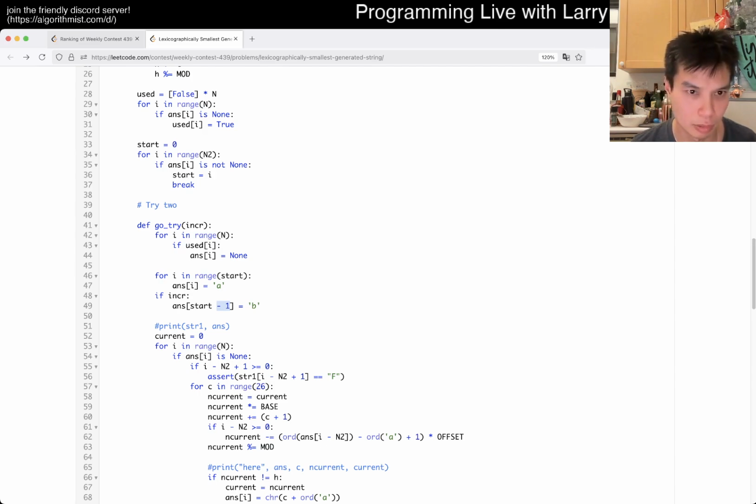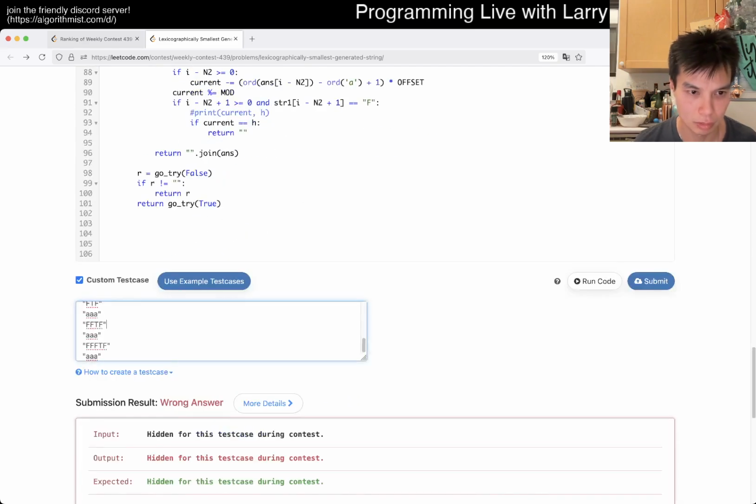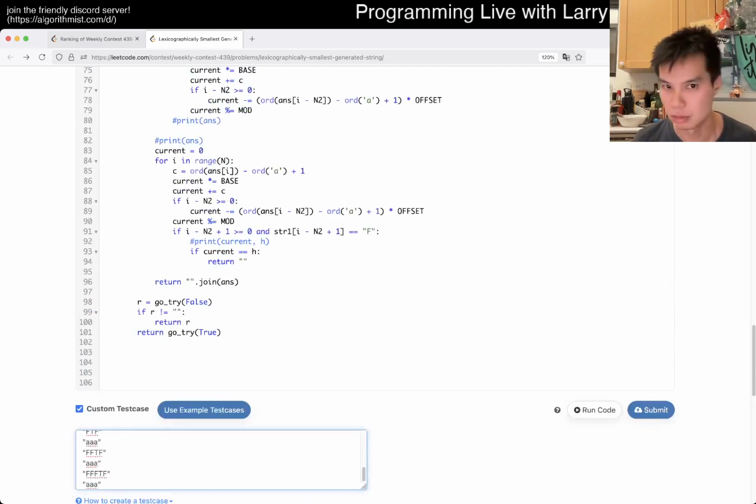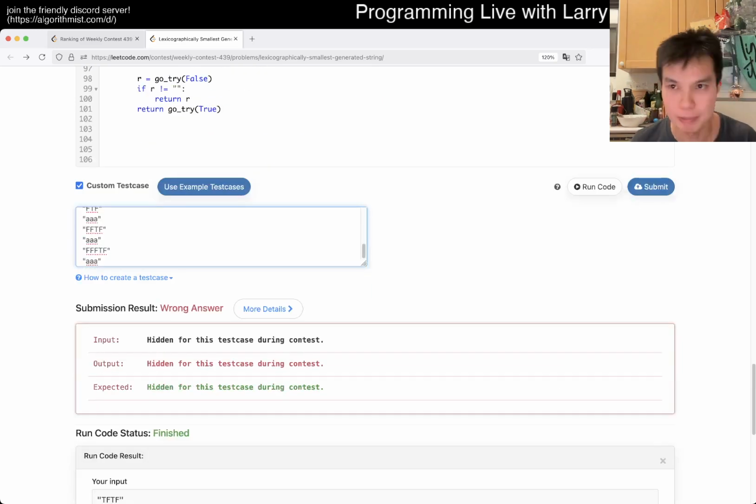What if it's 0? Is it only the prefix? Does only the prefix matter? Am I wrong on this? Does only the prefix matter?